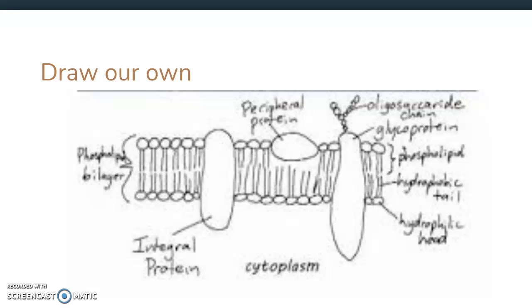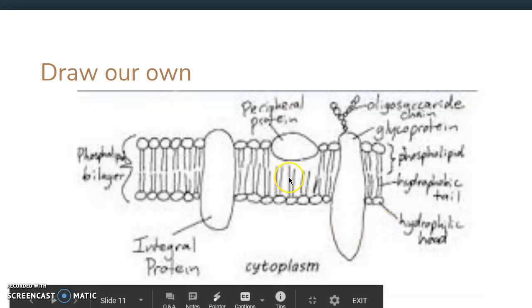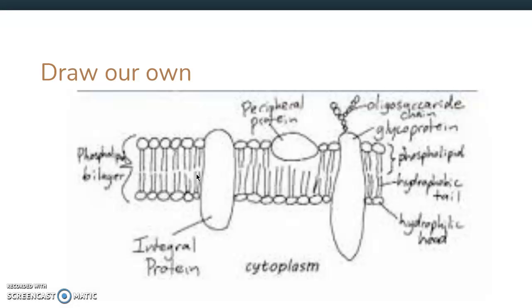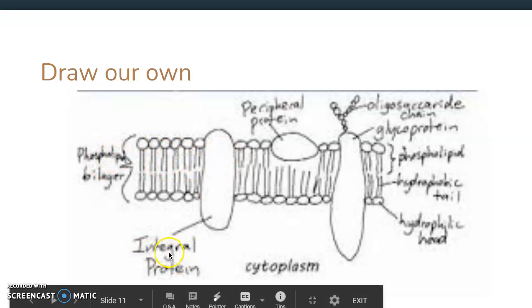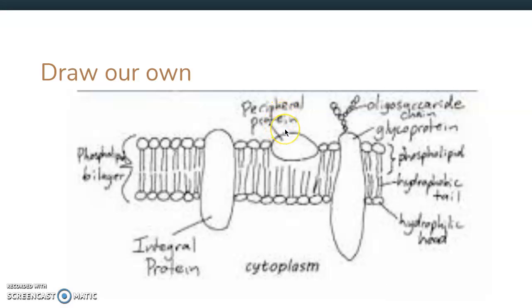So I was hoping we could draw our own little example of a cell membrane. The important parts here, this isn't a great picture, I'm sorry about that, is we start with a phospholipid bilayer, and that's labeled here. This I would call a channel protein, so we have a protein going all the way through. This kind of protein is a little bit more in detail than we're talking about today, but then we have our glycoprotein.